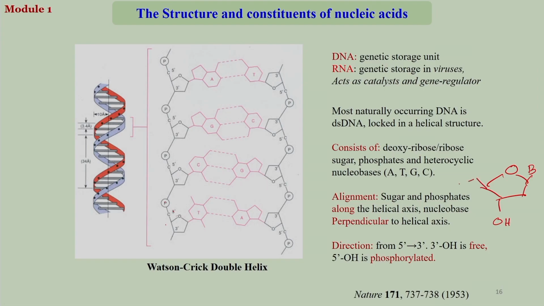This is what a deoxyribose sugar looks like. This is number 1, number 2, 1 prime we call, 2 prime, 3 prime, 4 prime carbon, and this is the 5 prime carbon. You have one hydroxyl group at the 3 prime end, another hydroxyl group at the 5 prime end, and at the 1 prime end you have the nucleobase A, T, G, C.